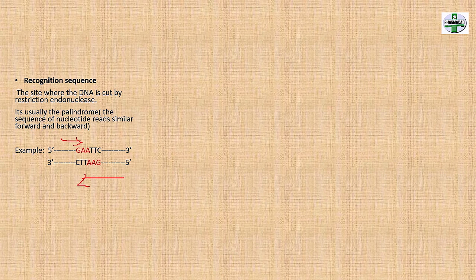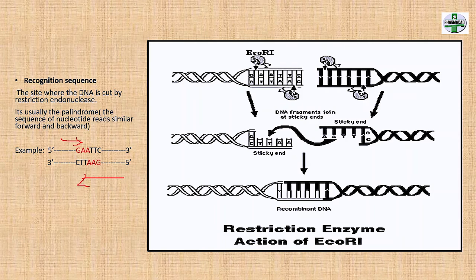Such palindromes are present in the human DNA and they are easy to recognize, and this is the point where the enzymes will act. In this diagram we have a DNA and these are the enzymes which are acting on it. They separate this DNA in such a way that we have TTAA here, and similarly TTAA would be present on the upper strand and lower strand.